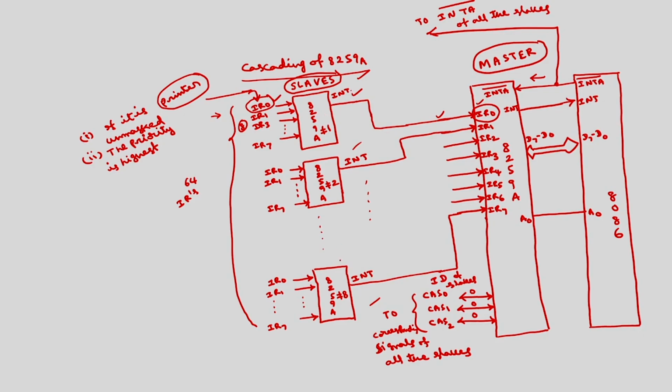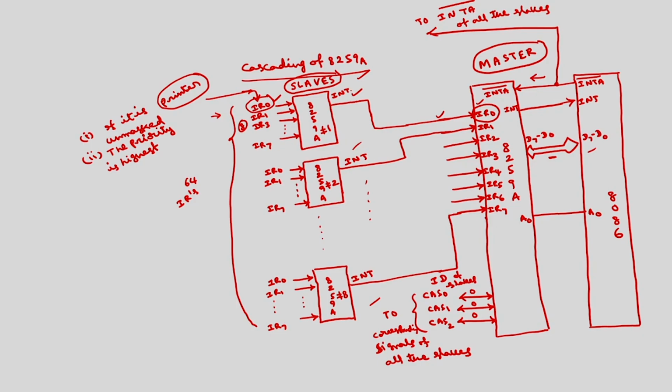The data bus of all the slaves will be connected together to the 8086. On the lower order 8 bits of this 8086 data bus, it will receive the type of interrupt that is to be performed. Based on this type of interrupt, the microprocessor will branch to the interrupt service subroutine, whose address will be calculated based on the type of interrupt. I have discussed this interrupt vector table.